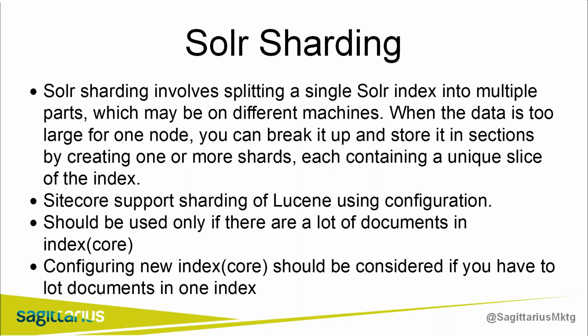This scaling means that you save part of the index in one place and the second part of the index in another place, and by some logic you define what part of the index to use. It could be useful when you have very big indexes with a lot of documents inside of it, and only in that case you need sharding.